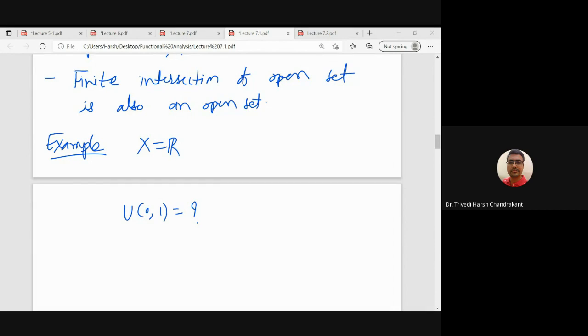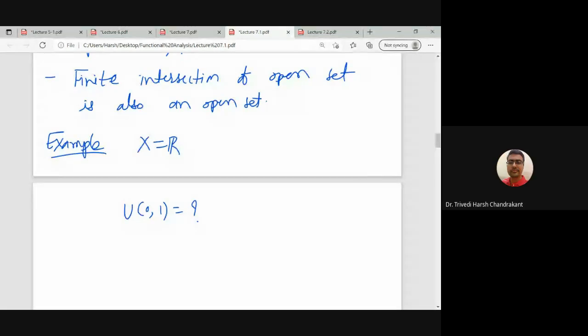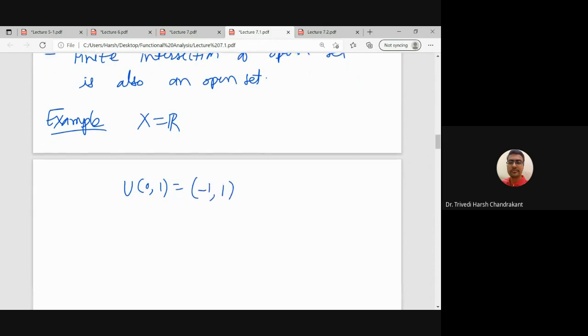Intervals. Yes, intervals. So center at 0, radius 1, right?